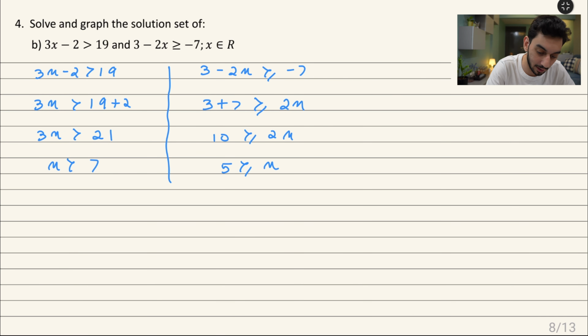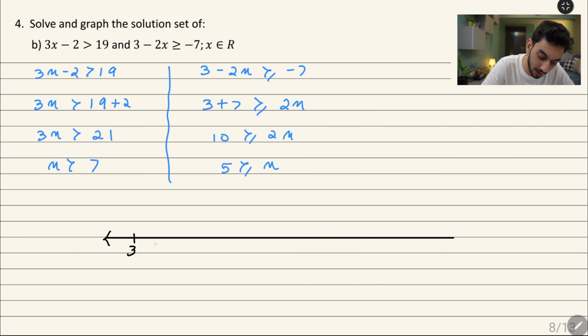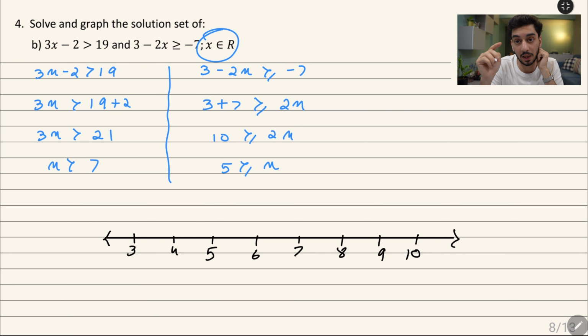So how do I represent it? I basically just draw my number line. That's my number line. Okay, fair enough. Where do I start? Maybe start at 3 and then 4, 5, 6, 7, 8, 9, 10, and then it keeps on going. Okay, what is x? X is basically all the real numbers. So now we don't have a big problem because it says real number.